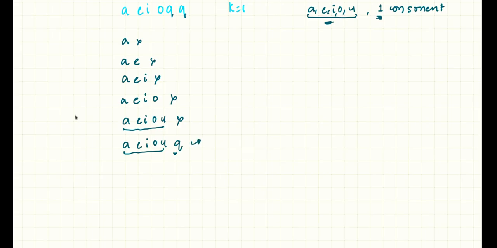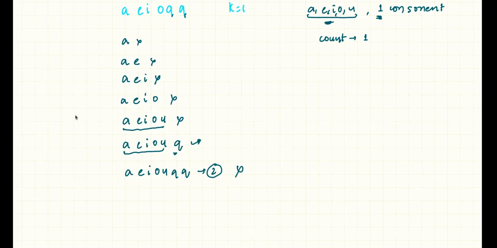If I have a variable count, so till now I have one such substring which satisfies both the criteria. And the next substring: can I have a e i o u q and one more q? No, I cannot have both the q's here, since it contains two consonants, so it's not a valid substring.